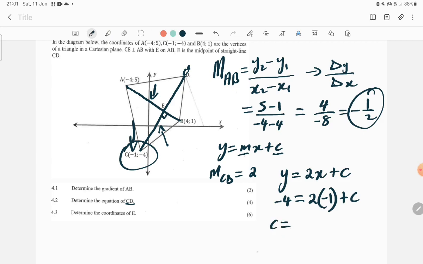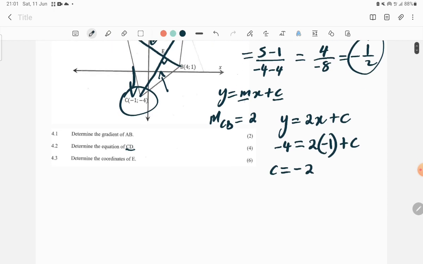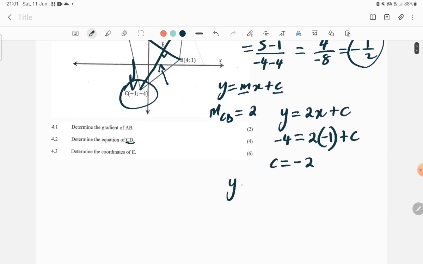So we have minus 4 plus 2, which is negative 2. People used to forget to plug into the formula to complete the equation that is required. So we have y is equal to 2x minus 2. This is the equation of line CD.